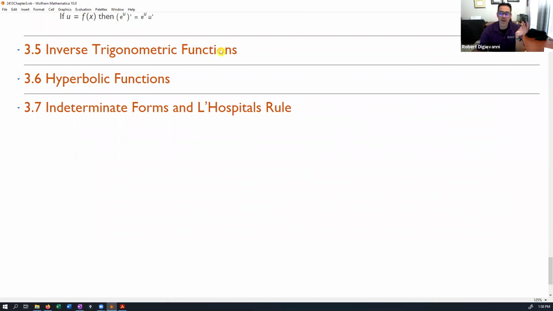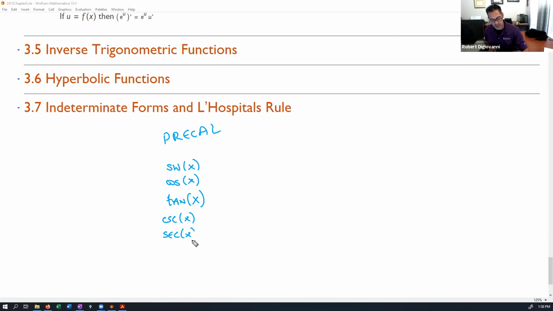And so if you go back and think about what you learned in pre-cal, you learn all these trig functions: sine x, cosine x, tan x, then all the reciprocals: cosecant x, secant x, cotangent x, right? And you study these, you graph them, look at their periods, amplitude, all these different things.